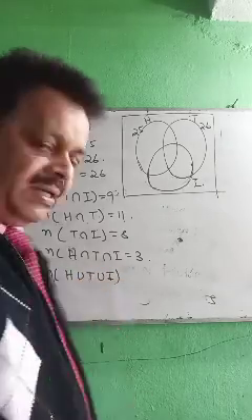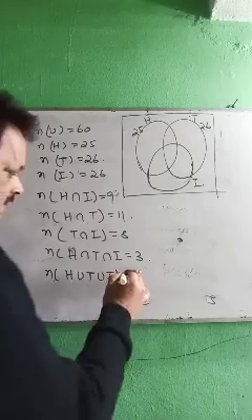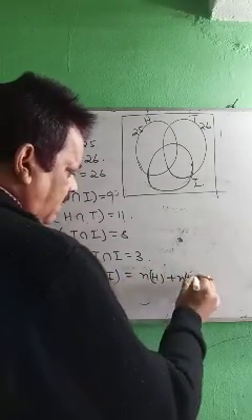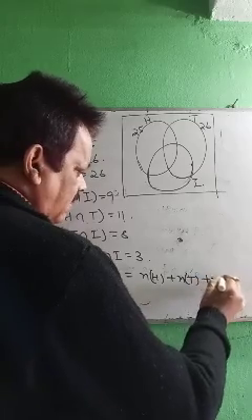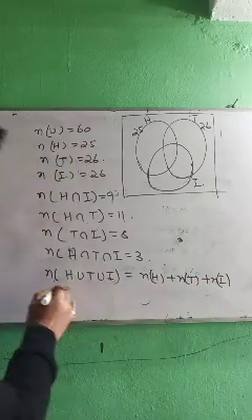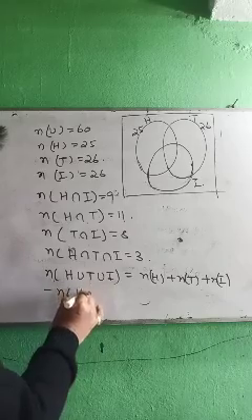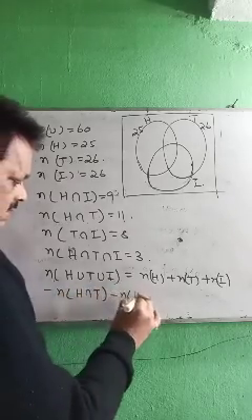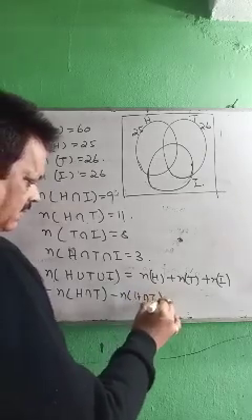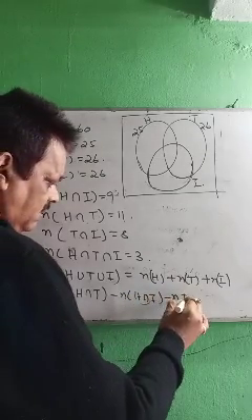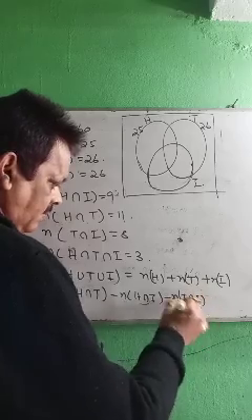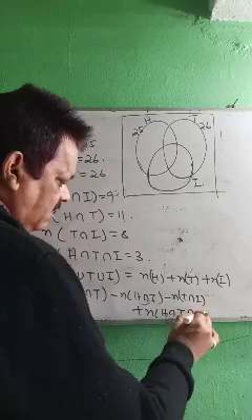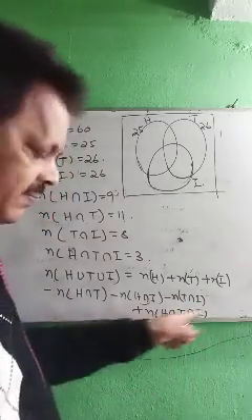So if you want to solve it by formula, then it will be N(H) plus N(T) plus N(I), minus N(H intersection T), N(H intersection I), N(T intersection I), plus the number of H intersection T intersection I. This is the formula I gave you.